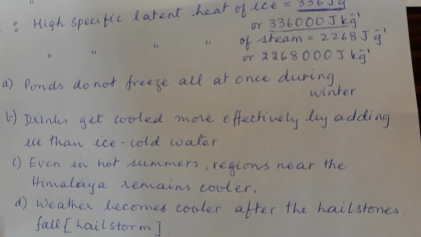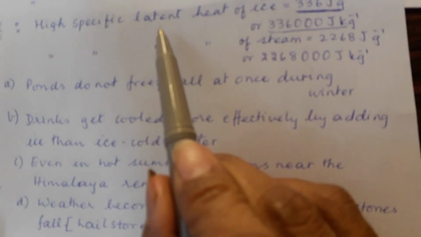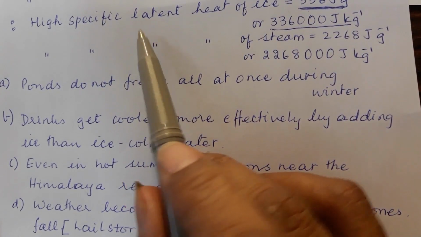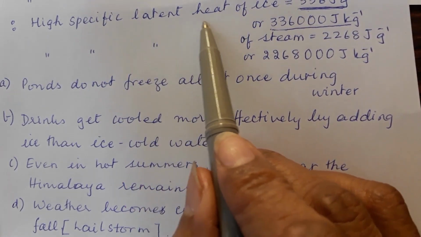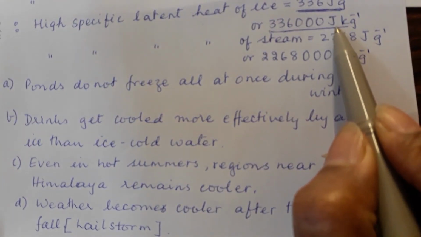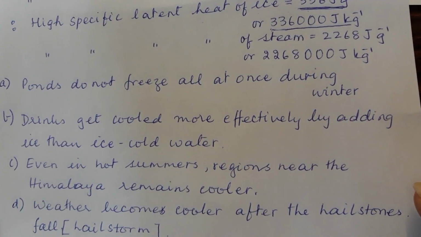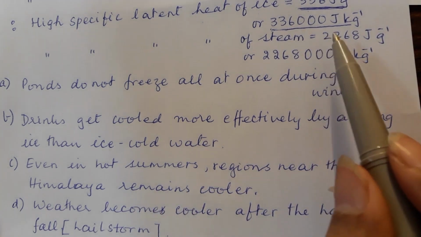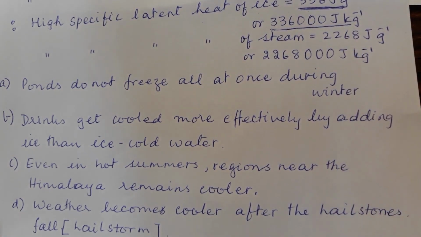So we start our sentence with the same thing, that the ice has high specific latent heat of fusion, and we take this number, 336,000 joules of heat energy, and so each kg of ice at 0 degrees C will absorb 336,000 joules of heat energy in order to become 1 kg of water at 0 degrees C.